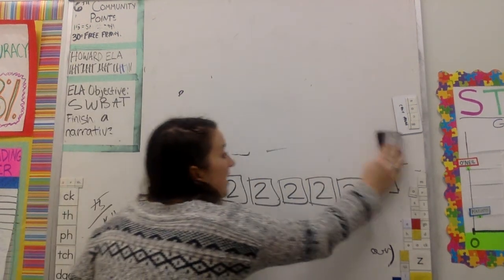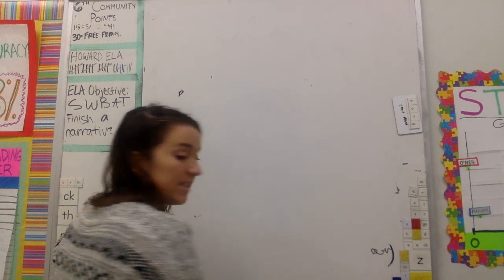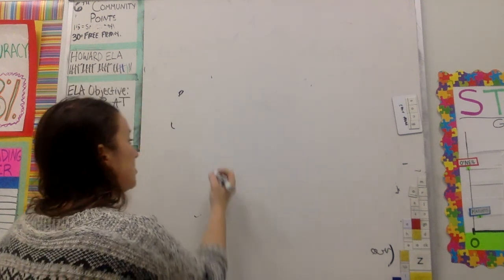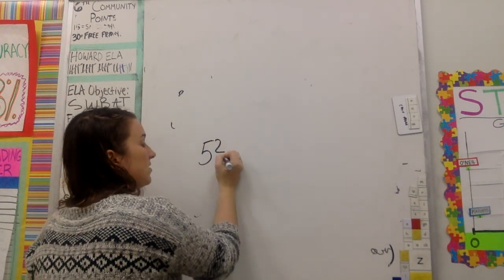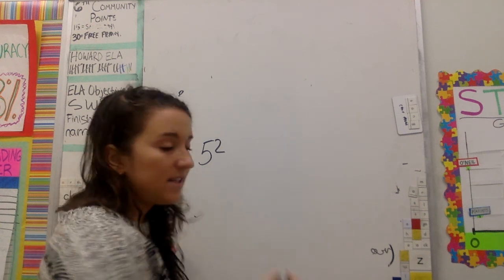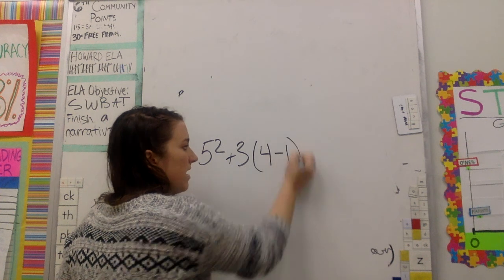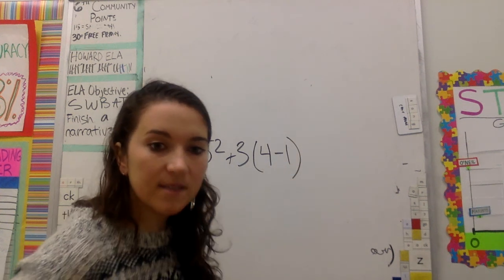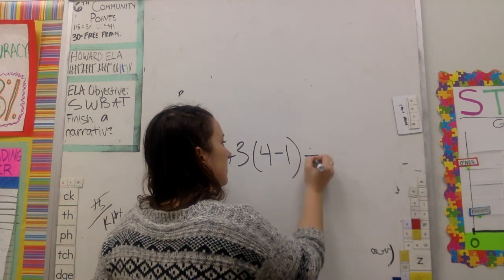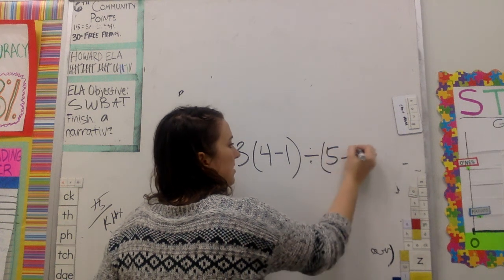Most of us did very well with order of operations last week, but just to go over it quickly, we have 5 squared plus 3 times (4 minus 1) divided by (5 minus 2).